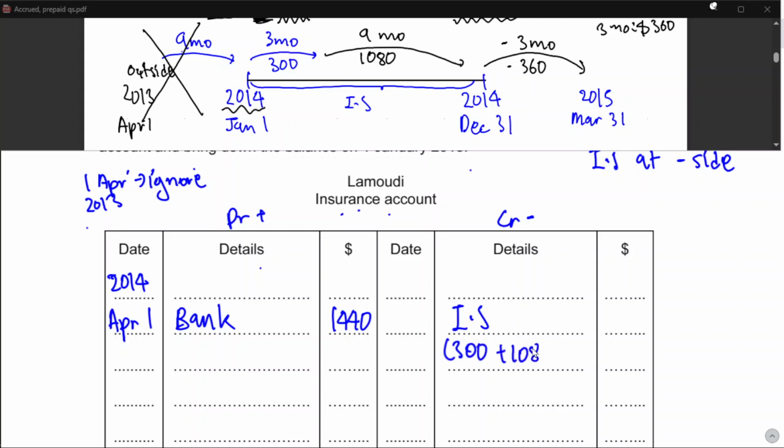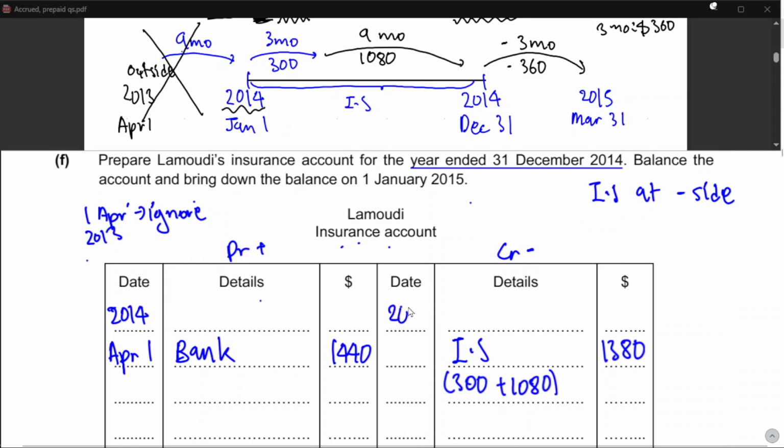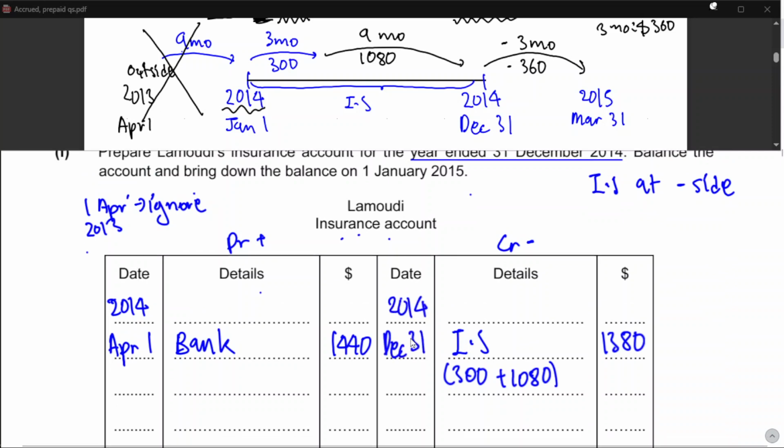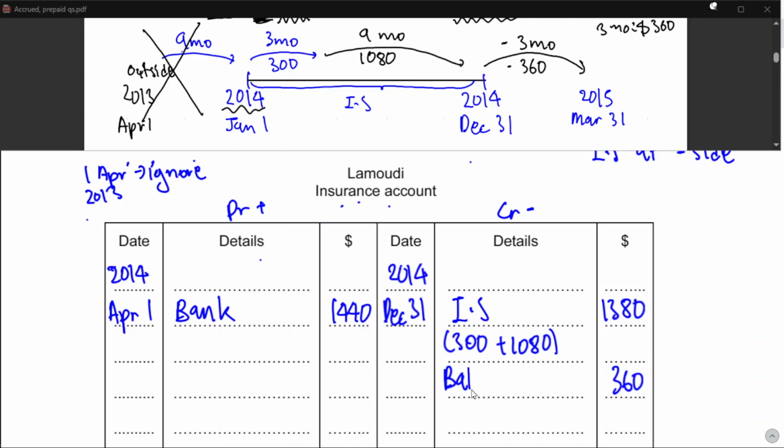At this one will be 1380 at the end of the year, December 1. Then this one is done already. And let's see here, minus 360, minus 360 will be last day, so it's balance CD.